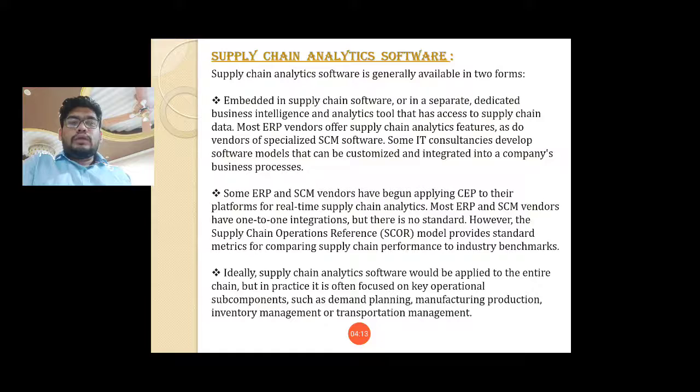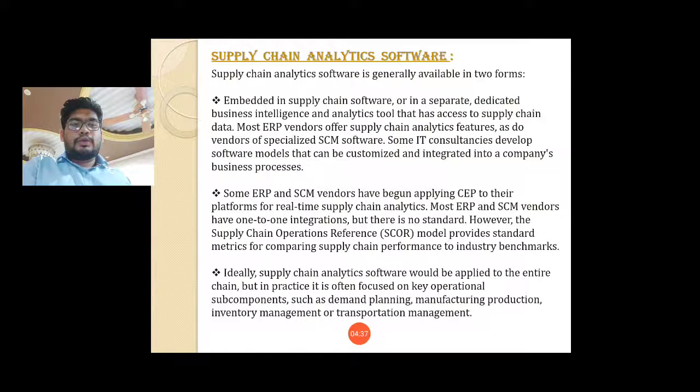The second one is that some ERP and SCM vendors have begun applying CEP to their platforms for real-time supply chain analytics. So this is a different software altogether, used by many organizations for better improvement and profitability of the company. Most ERP and SCM vendors have one-to-one integrations, but there is no standard.